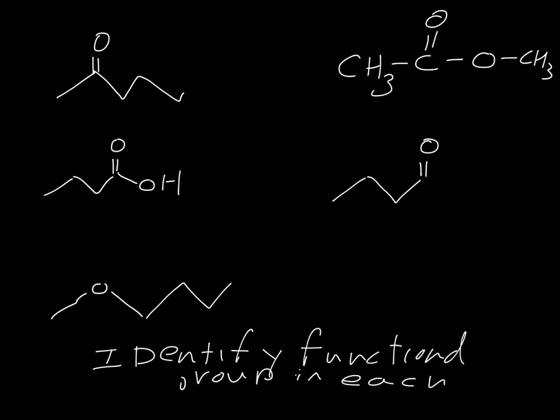All right, did you pause me? All right, first of all, functional group right there, we have an oxygen and it's double bonded to a carbon. Whenever we see that happening, it's a ketone.